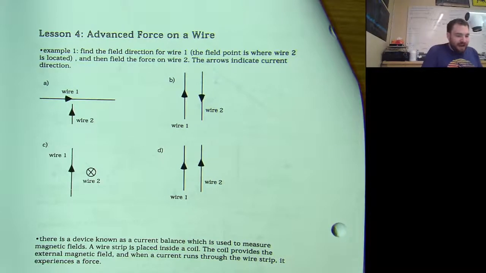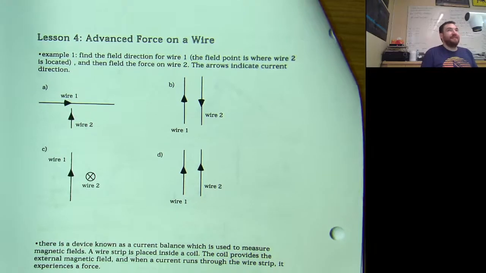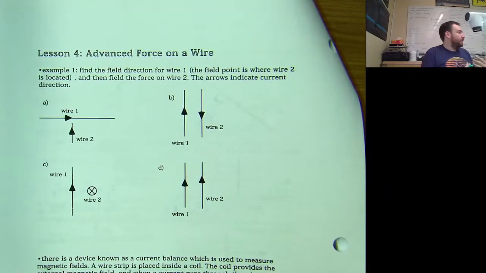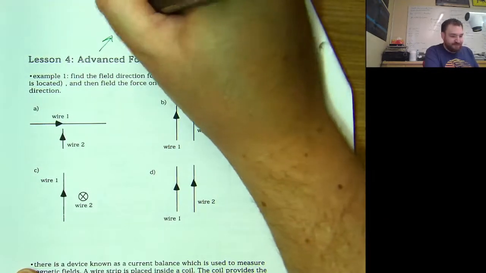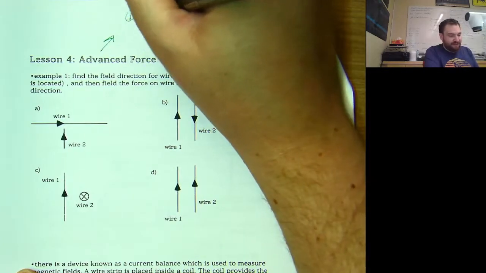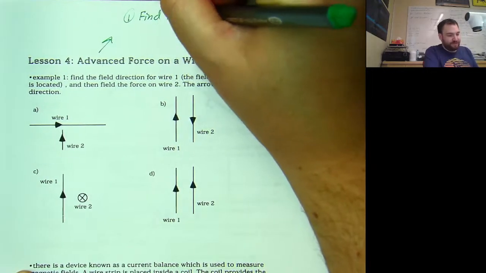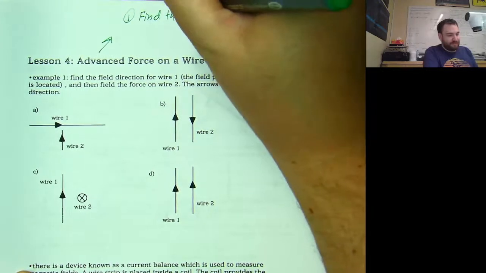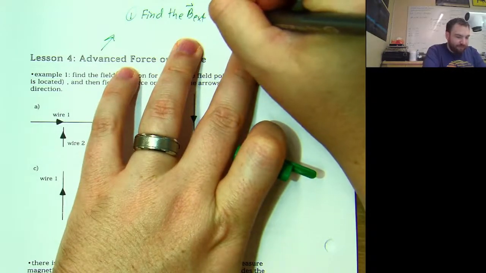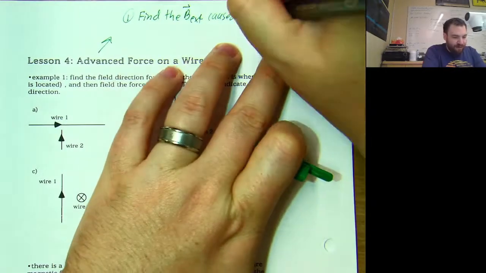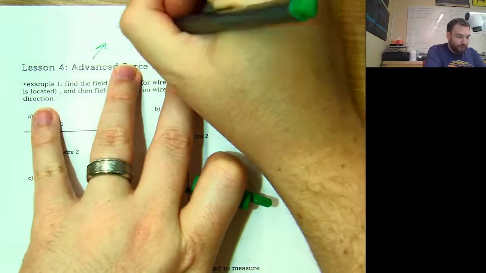Okay. Advanced force on a wire. So basically, the only thing that makes this advanced is I tell you less information than I told you yesterday, or I tell you more fundamental, earlier information that you're going to start having to put together. Basically, what this is going to involve is this. You're going to have to find the external B field caused by whatever, either a wire or a coil.